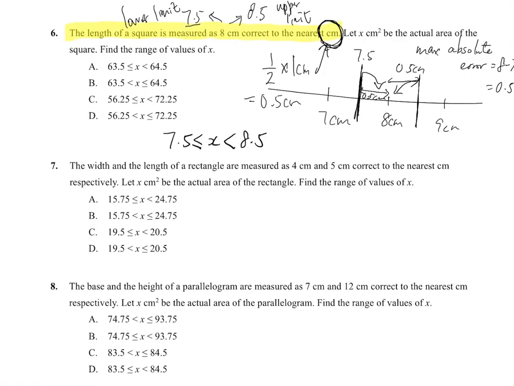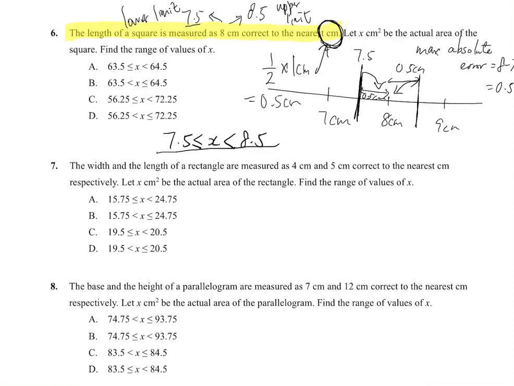So therefore there is no equal sign on the larger side. By looking at just this theory, we know that B and D won't be the correct answers because they don't make sense according to our rules for upper limit and lower limit.